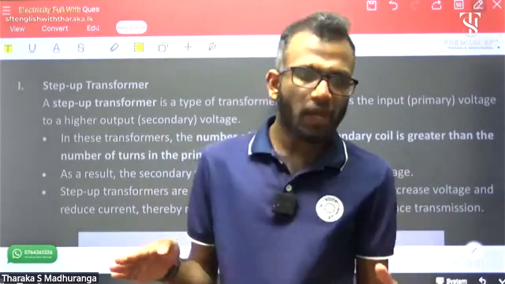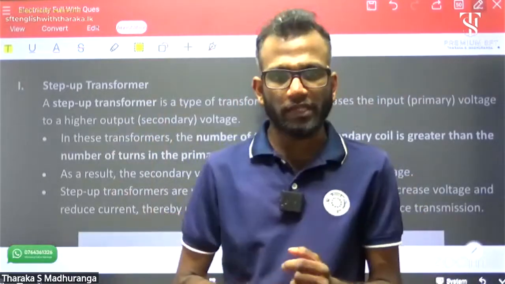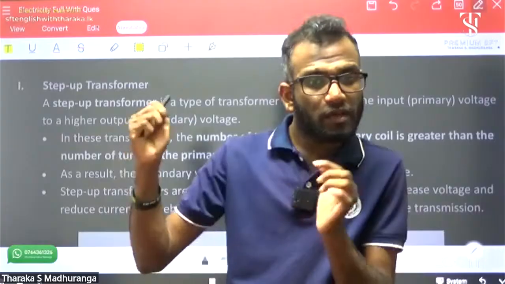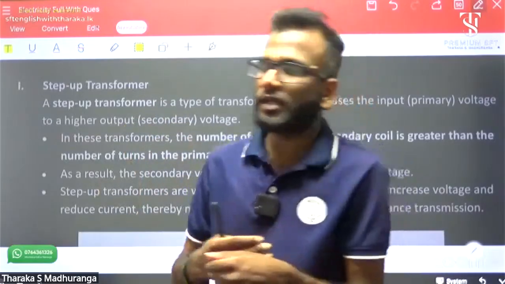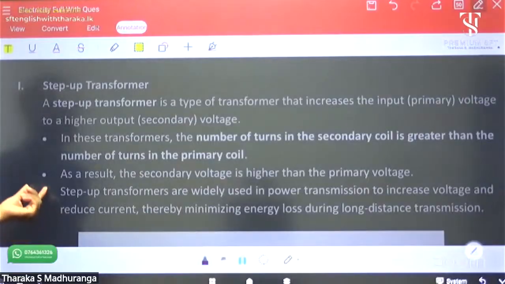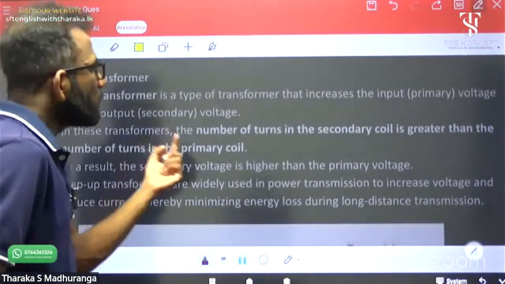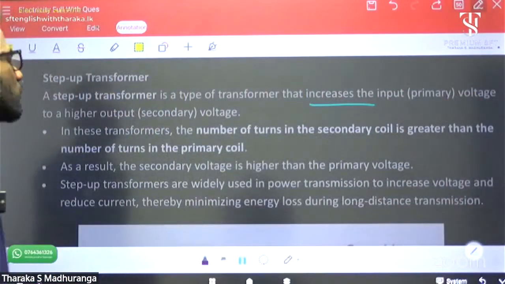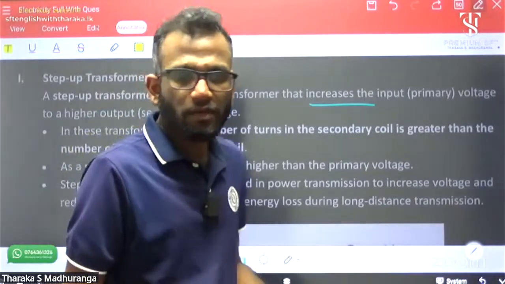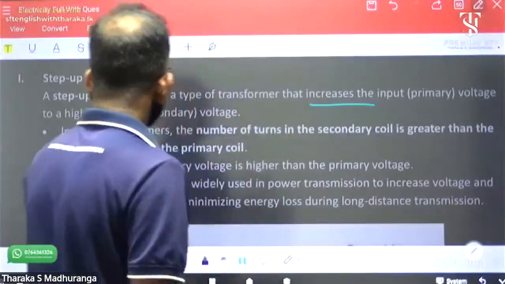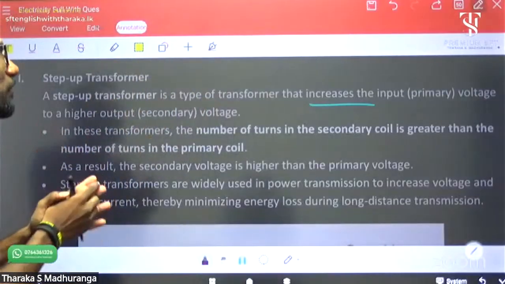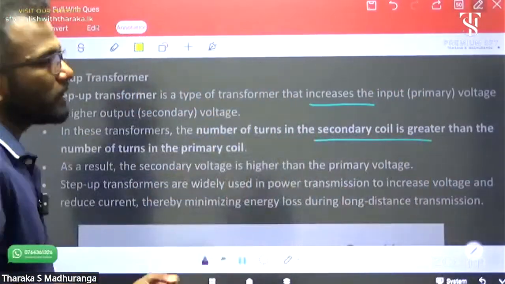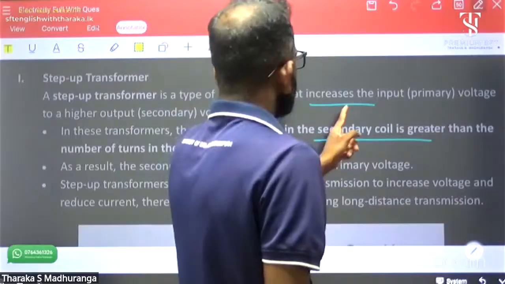Step up transformers always increase the voltage, from lower voltage to higher voltage of alternating current. A step up transformer is a type of transformer that increases the input primary voltage into a higher output voltage. How to increase that? The number of turns in the secondary coil is greater than the number of turns in the primary coil.